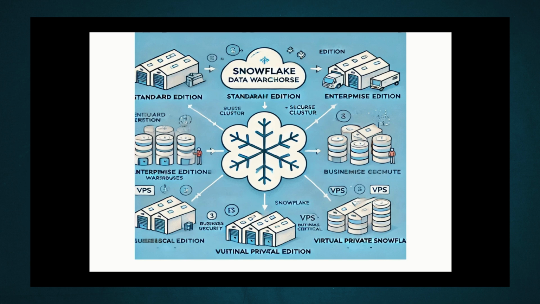Let's say you have government data, something very critical that cannot be shared with anybody. Those things come under Virtual Private Snowflake, and you cannot find this option online when you set things up on your own.